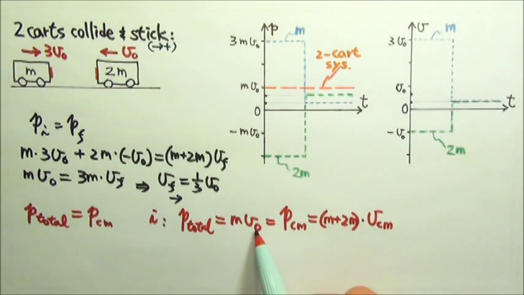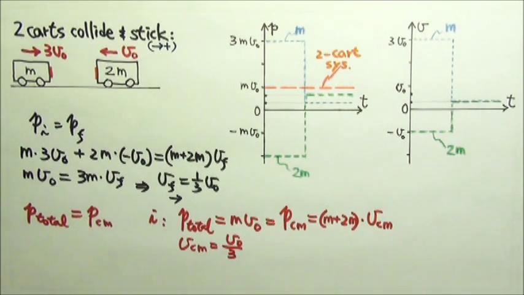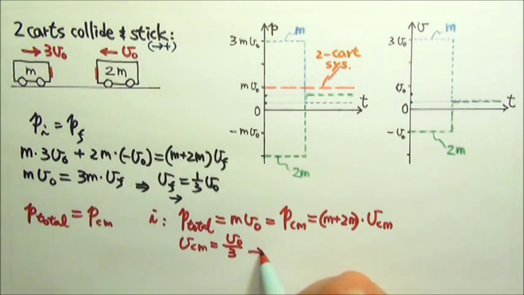So we have mv0 equals 3m times the velocity of the center of mass. The m's cancel, so we can find the velocity of the center of mass to be v0 divided by 3. So it is 1/3 v0. It's positive, that means it goes to the right.